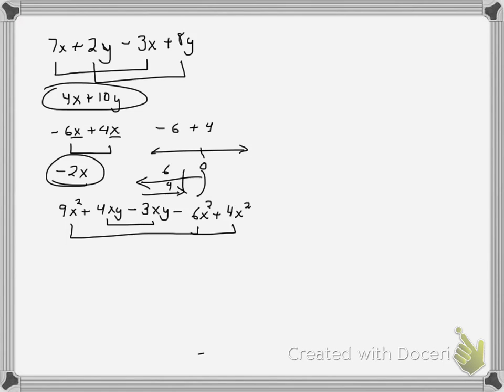Now, I think the easiest thing to do when you have more than 2, as you do in your x squared terms, is combine the positives together and the negatives together, and then take the subtraction. So 9 plus 4 is 13x squared minus 6x squared, which gives me 7x squared. And 4 minus 3 gives me 1xy.